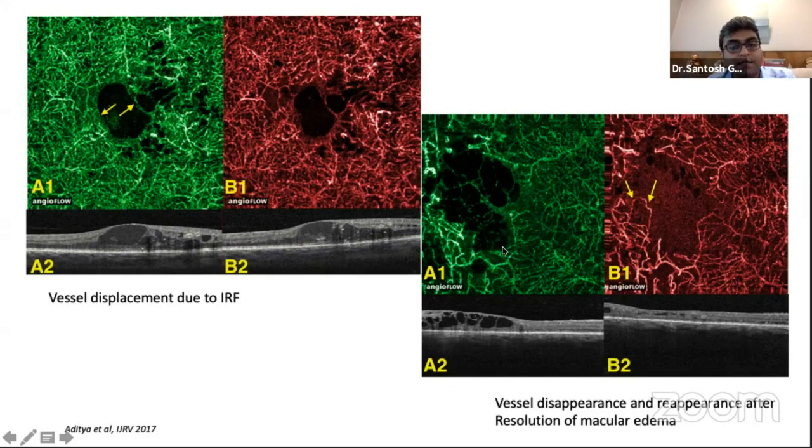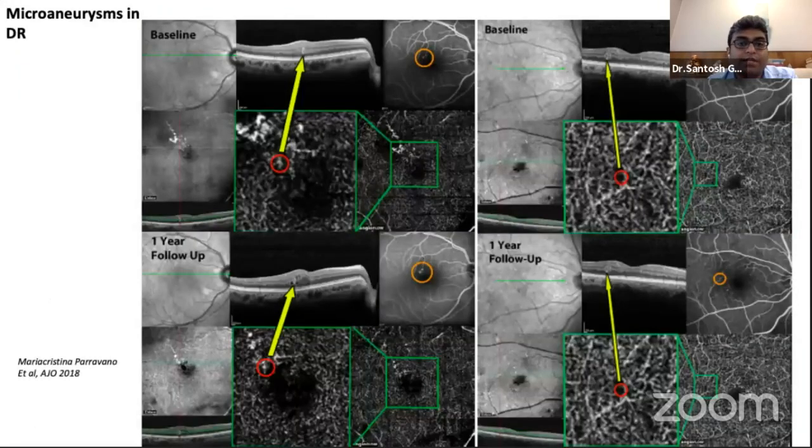So this doesn't really mean that there's a vessel loss or macular ischemia, but we need to look at the scans when there's a return of macular architecture. There are studies which even monitored the types of microaneurysms over 1 year, where the hyperreflective microaneurysms remained hyperreflective and the hyporeflective ones remained hyporeflective.